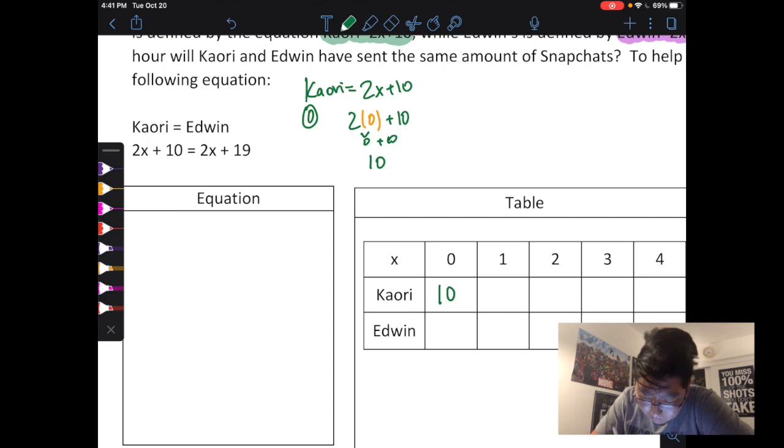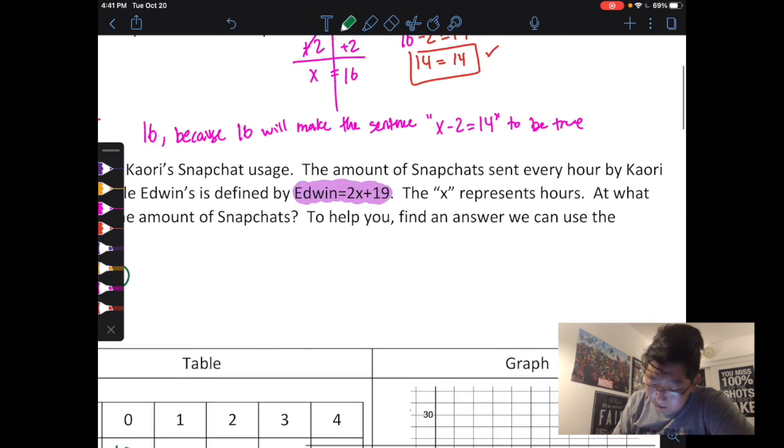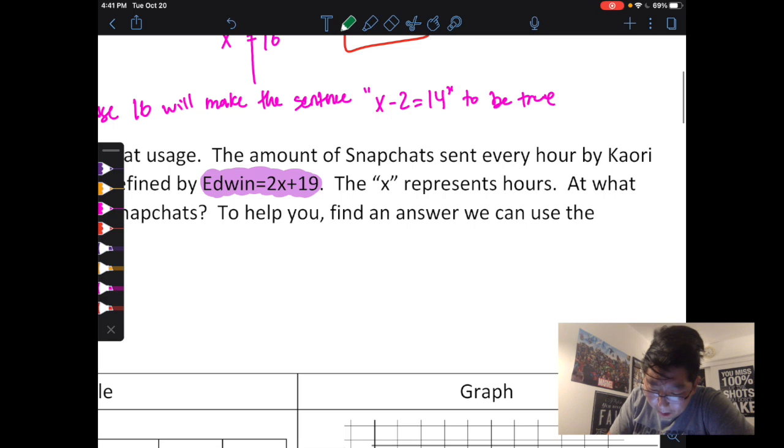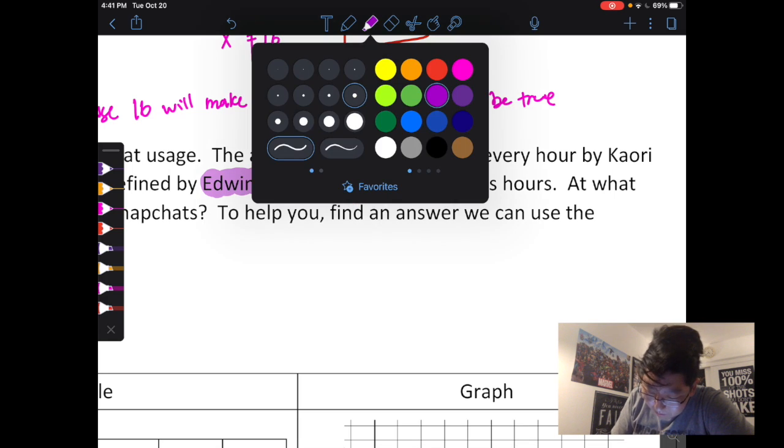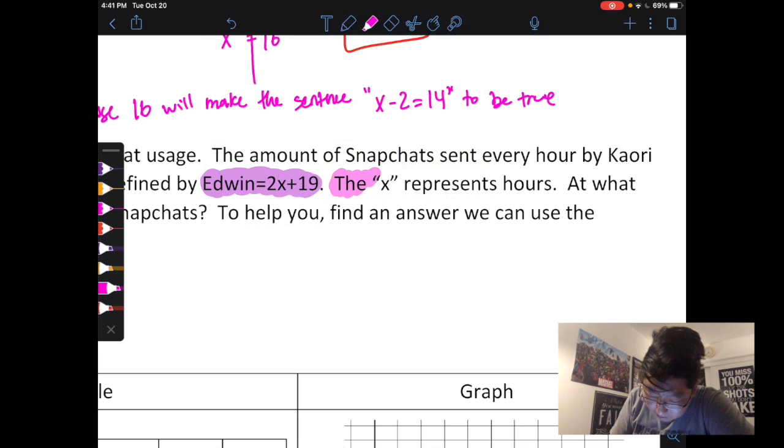In 1 hour, we're going to plug in 1 for x. You have to remember x represents hours. I'm going to highlight that right here, in pink. The x represents hours.